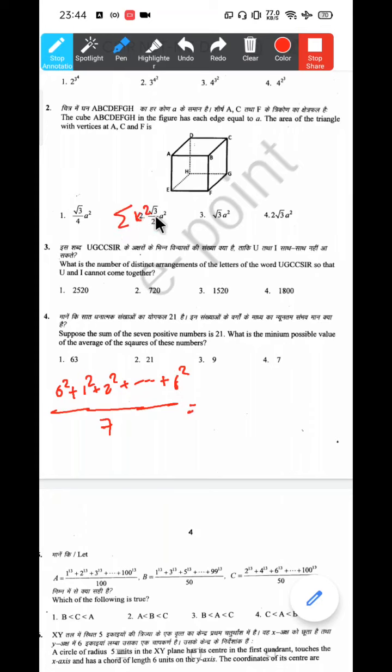summation k square, that is n plus 1, 2n plus 1 upon 6.